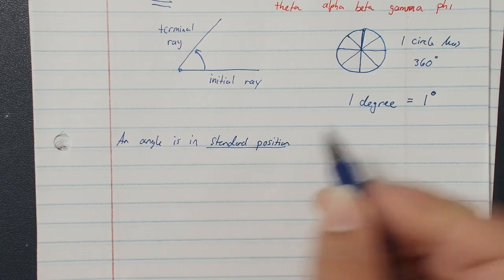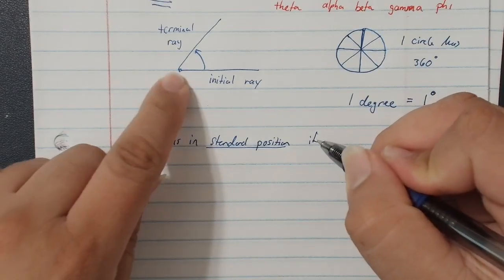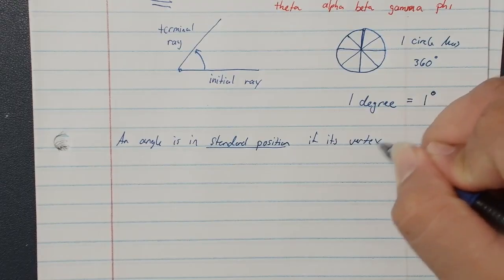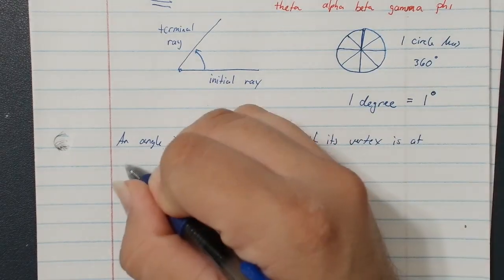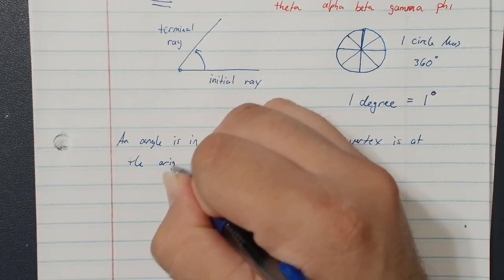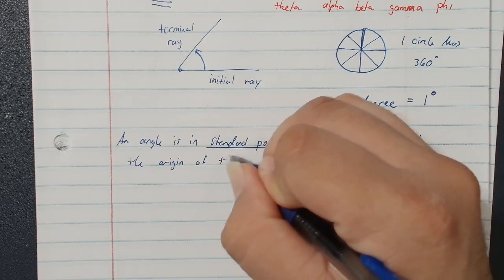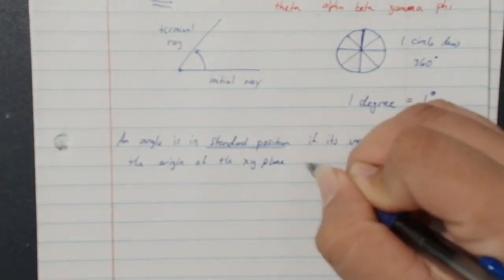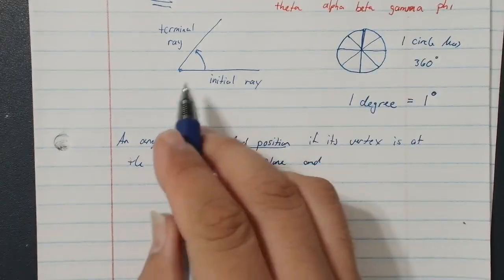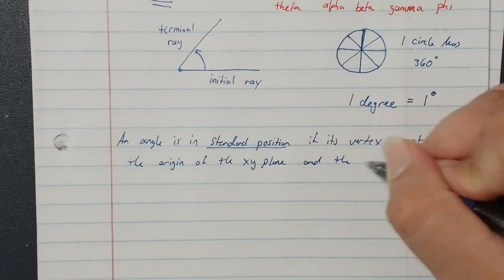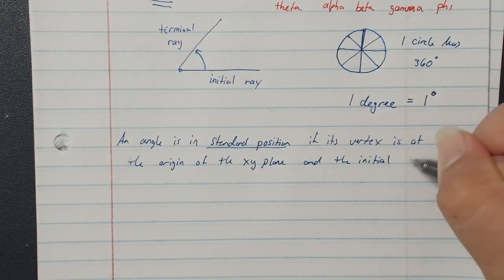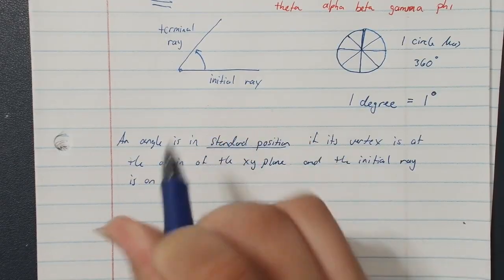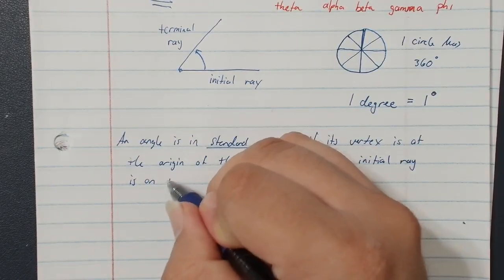An angle is said to be in standard position if its vertex, that point right there in the corner, is at the origin of the XY plane, and the initial ray, the one you're starting from, is on the positive half of the x-axis.